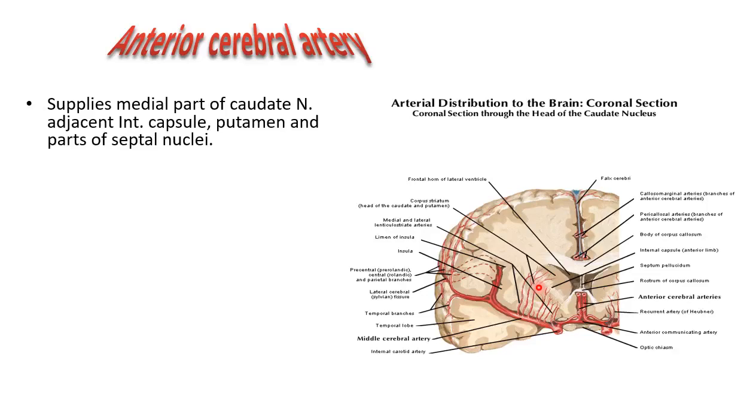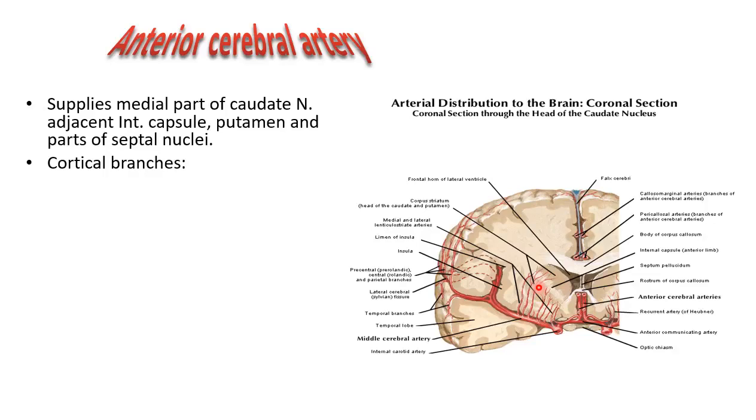Coming back to the recurrent artery, the central branches mainly supply your internal capsule, putamen, and parts of the septal nuclei. It supplies the anterior limb and genu of the internal capsule, mainly by the recurrent artery of Hubner.